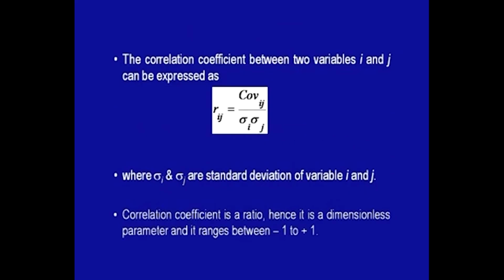So, for two variables i and j, the correlation coefficient can be expressed as R ij is equal to covariance ij divided by the standard deviation of variable i times the standard deviation of variable j. The correlation coefficient is a ratio, and hence it is a dimensionless parameter, and it ranges between -1 to +1.